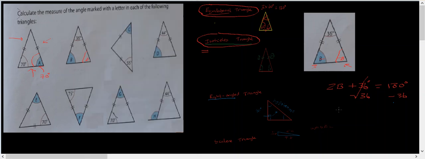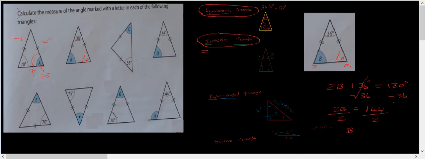So 2B is equal to 144. Now we want to get rid of the 2. Remember, this is 2 multiplied by B, so we have to divide this by 2. If we divide this side by 2, we have to divide this side by 2.